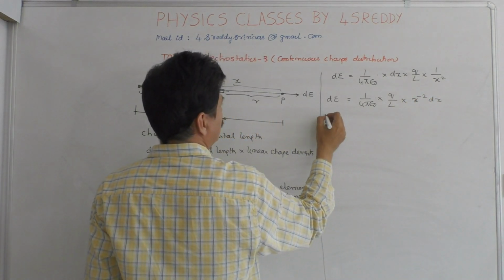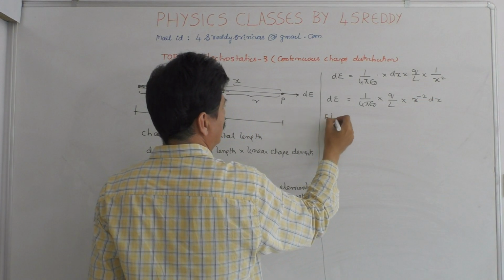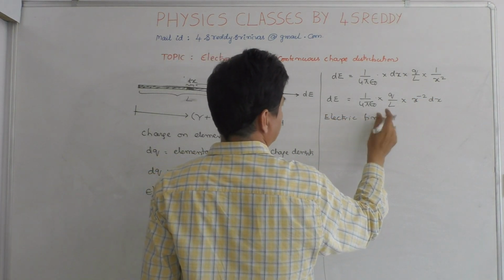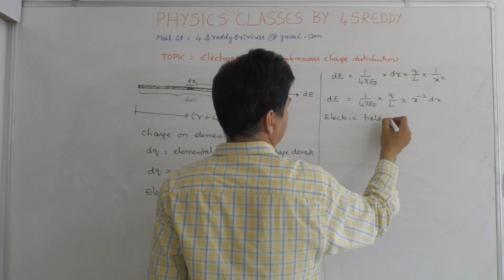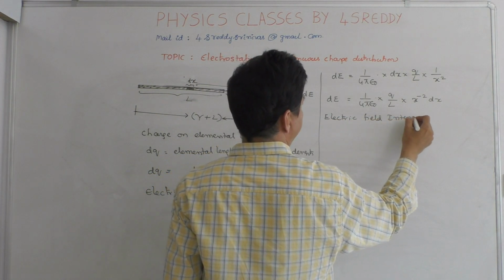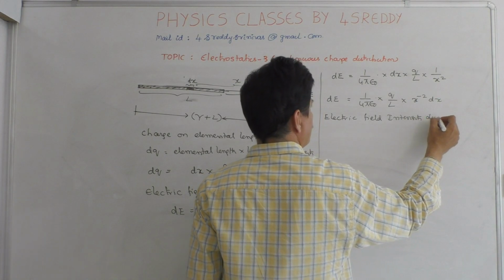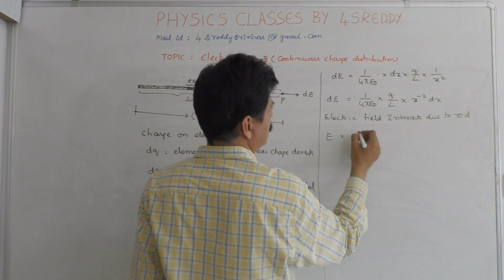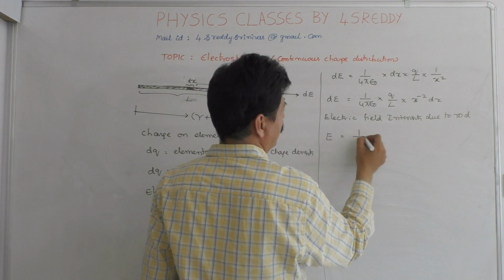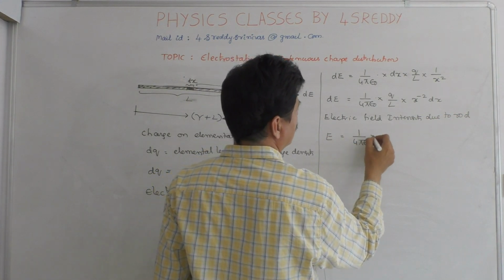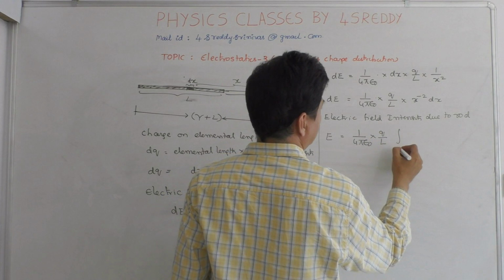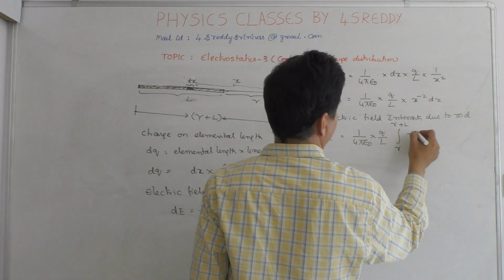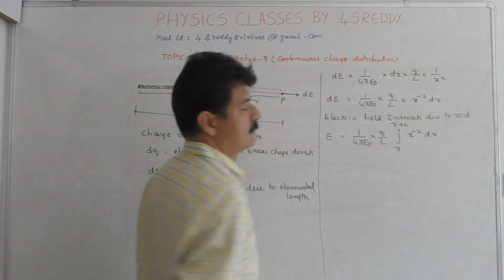Therefore the electric field intensity due to the rod is given by E equals 1 by 4 pi epsilon naught Q by L integral from r to r plus L of x power minus 2 dx.